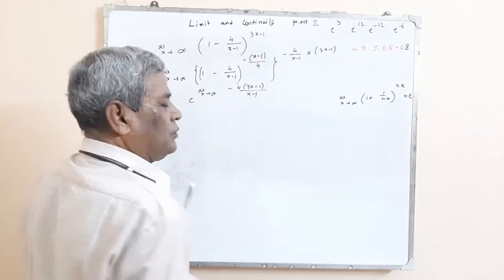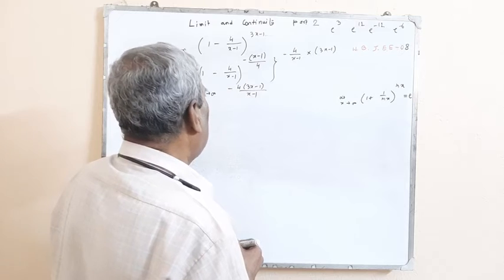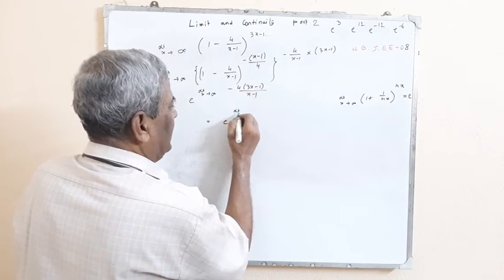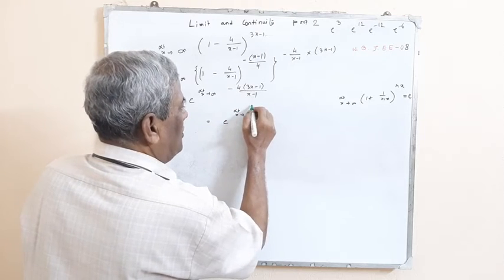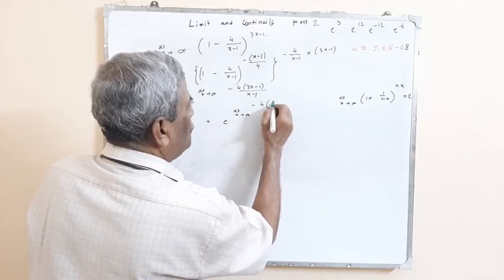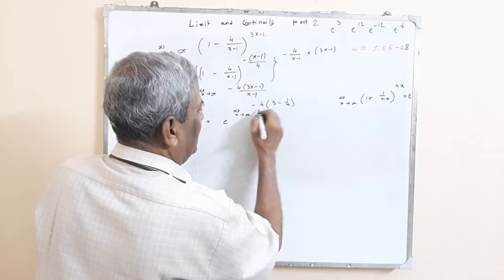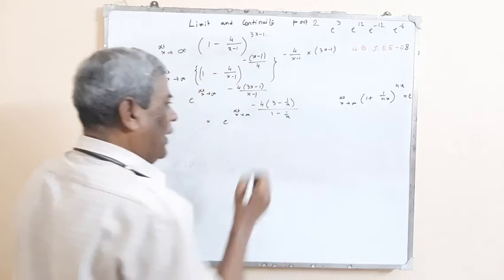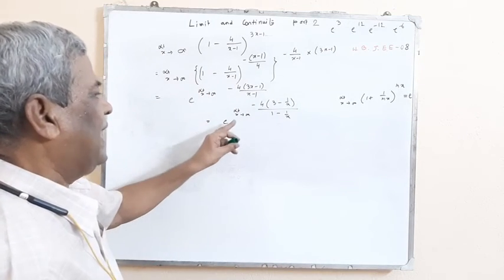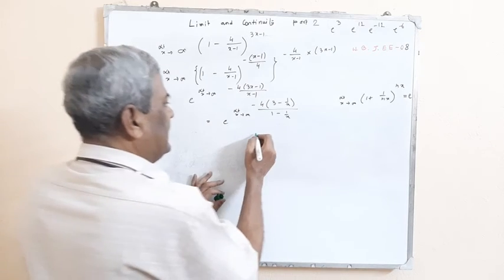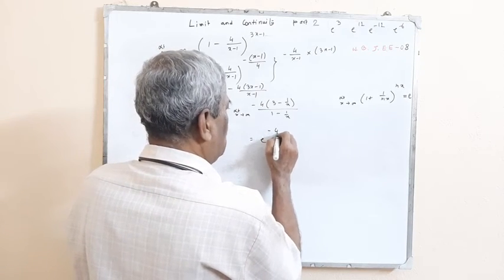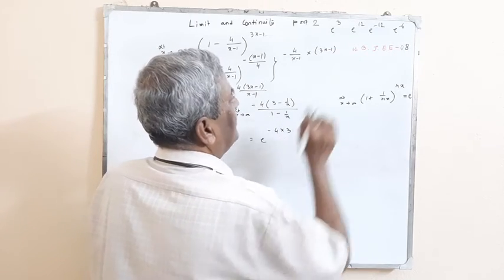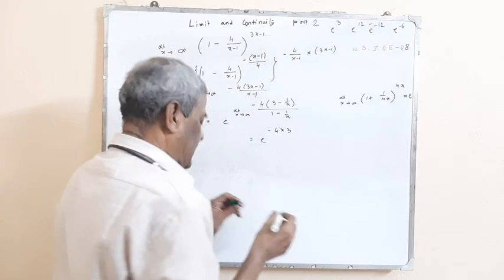In the denominator also 1. So now divide throughout by x: e to the power limit x tends to infinity of minus 4 into 3 minus 1 by x divided by 1 minus 1 by x. Now 1 by x must be 0 as x tends to infinity. So it is equal to e to the power minus 4 into 3 divided by 1, so e to the power minus 12. So that option is correct.